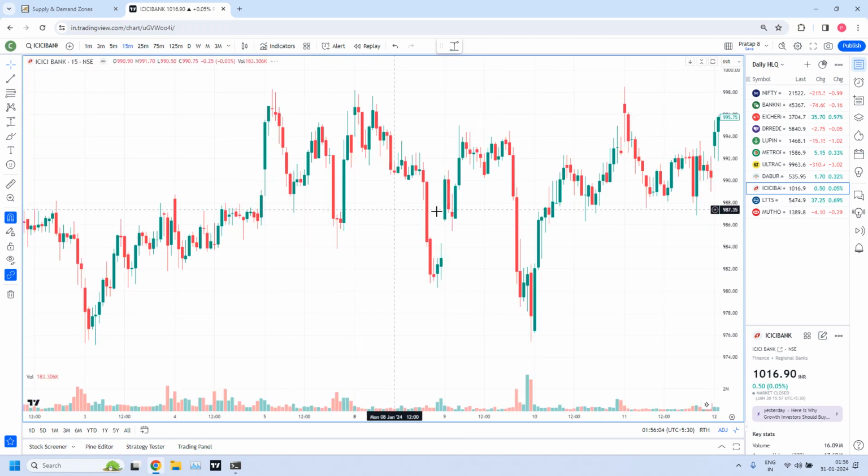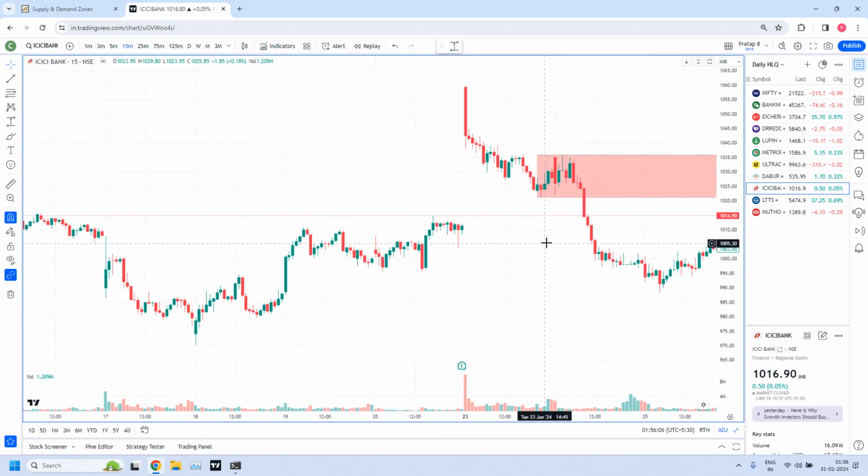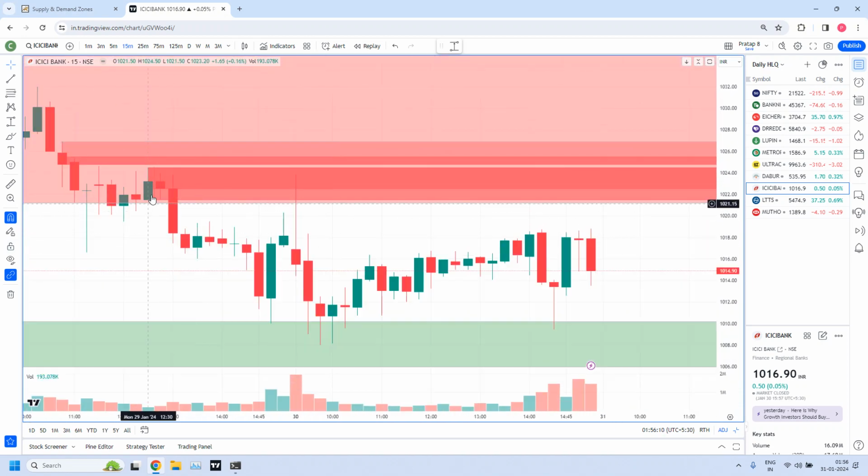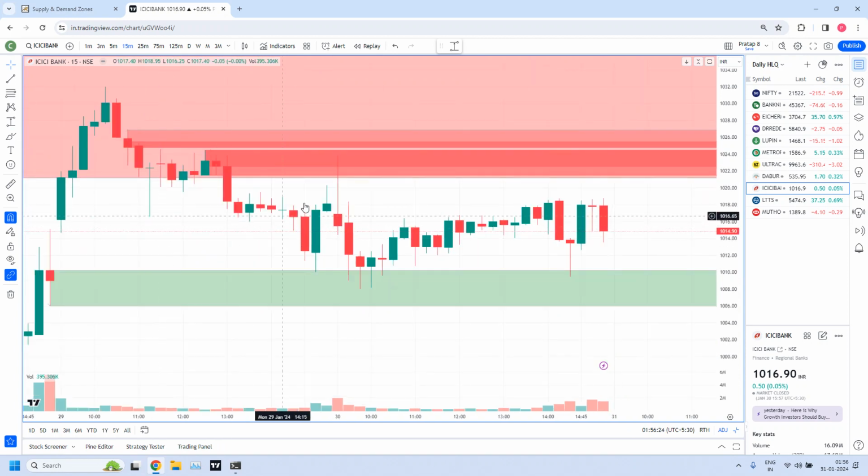Okay, now let me go to the 15 minutes. So there is one more zone we identified below this. This is a 15-minute zone, rally, base, drop. So this entire zone, I already drew a zone here. This is the one. Now inside this I identified again a 5-minute zone.